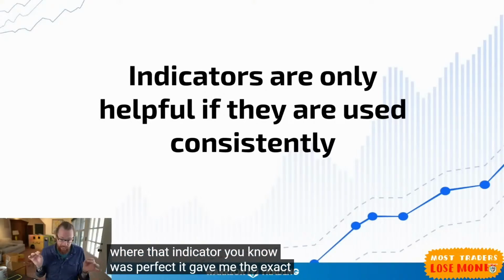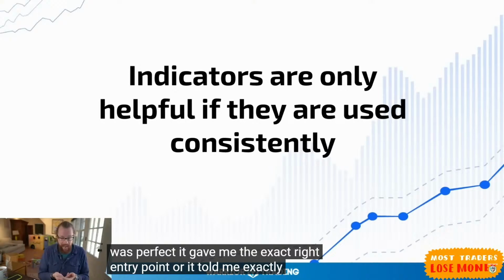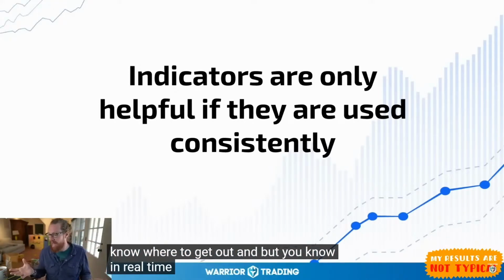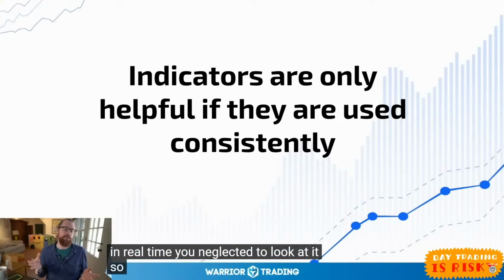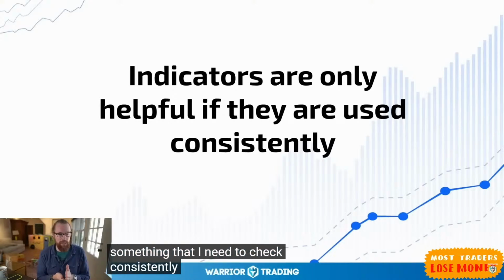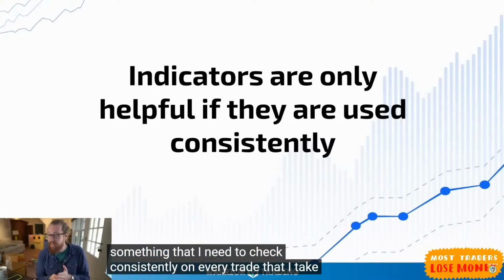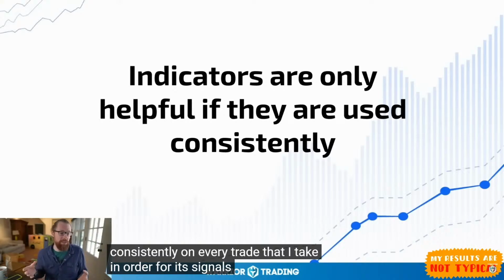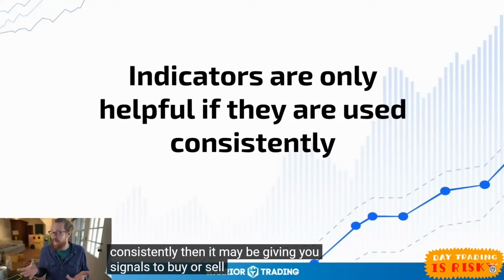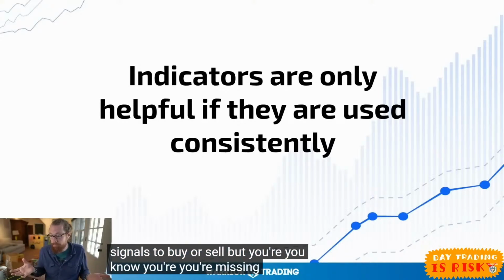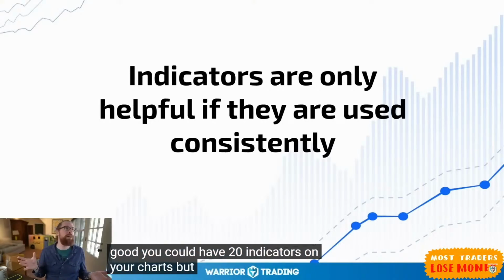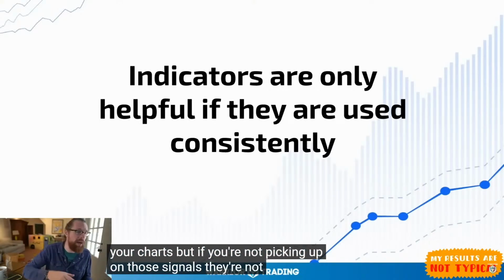It gave me the exact right entry point, or it told me exactly where to get out. But in real time, you neglected to look at it. So I think of an indicator as something that I need to check consistently on every trade that I take in order for its signals to be helpful. Because if you're not checking it consistently, then it may be giving you signals to buy or sell, but you're missing it. You're ignoring it. So then that's doing you no good. You could have 20 indicators on your charts, but if you're not picking up on those signals, they're not going to help you.